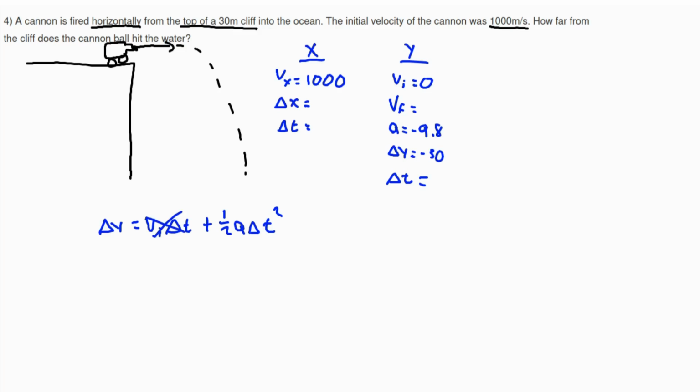And then delta y, so let's plug it in now. Negative 30 equals, we ignore that, 1/2 times acceleration, negative 9.8, times delta t squared. Okay, so negative 30 equals 1/2 times negative 9.8, which is negative 4.9 delta t squared.